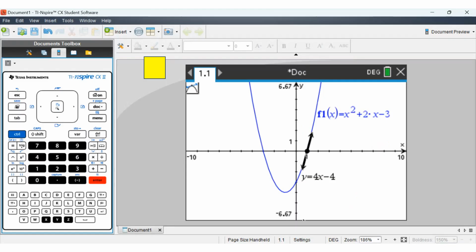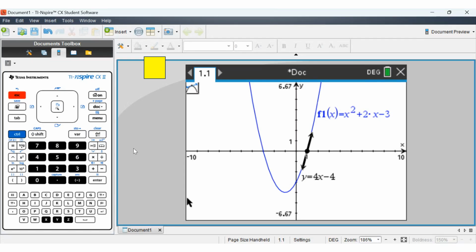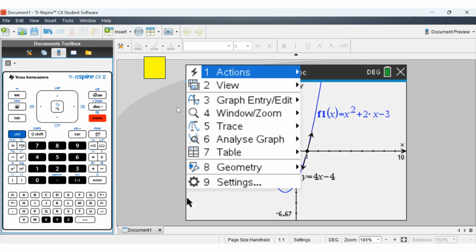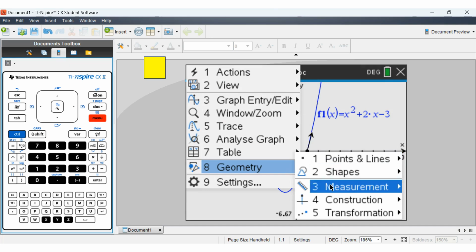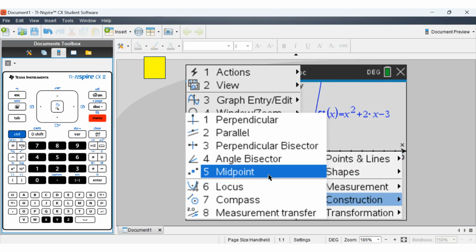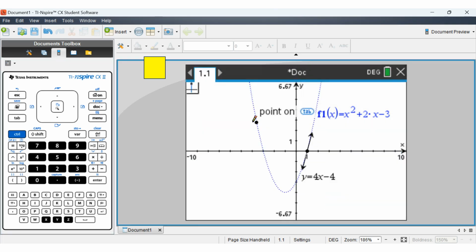This is where we were when we finished the last question, and we worked out the gradient and the equation of the tangent. Now, to draw the normal, what we've got to do is go to Menu, and go to Geometry again, but this time to Construction and then Perpendicular. And we've got to tell it where we want that perpendicular drawn, so we click on that point.